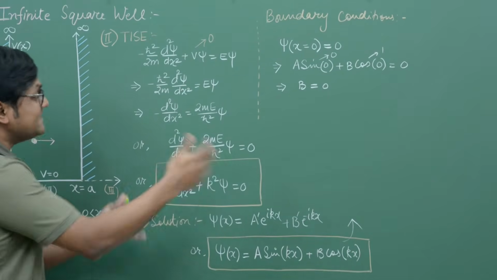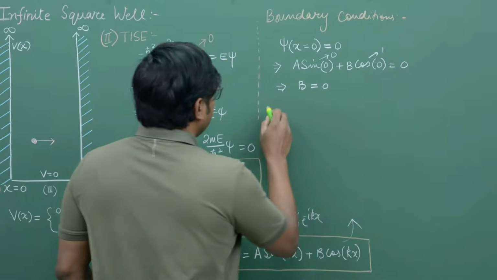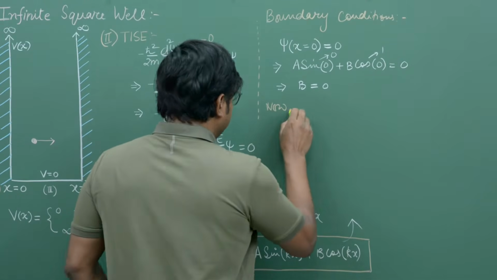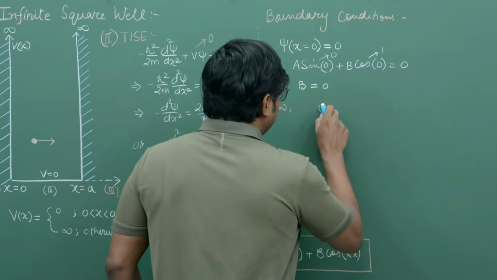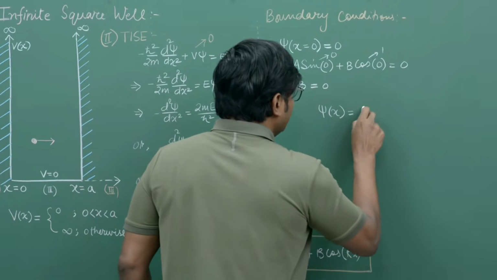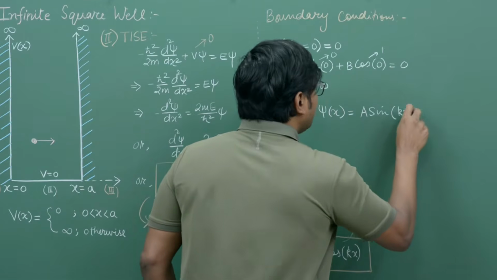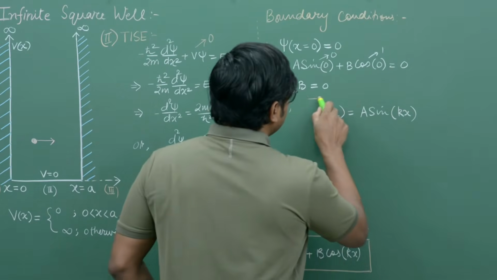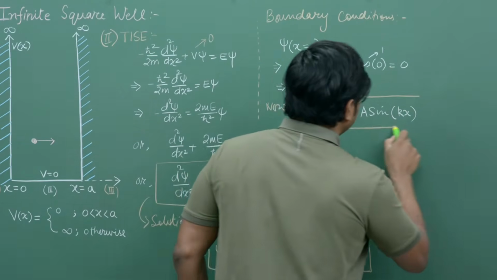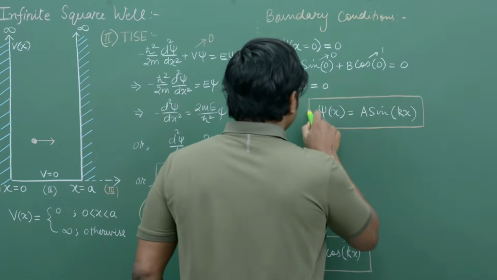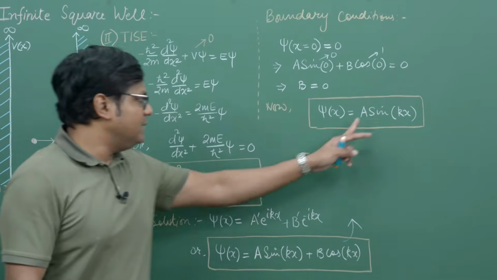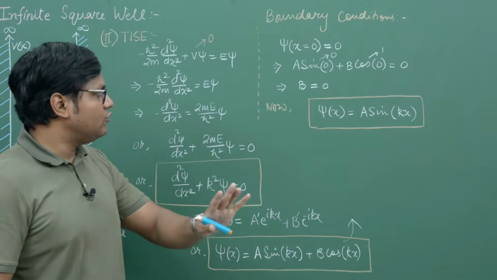That means we can simplify this further as saying that psi x is equal to a sine kx. Now this is a much simpler functional expression for this particular system, a being the normalization constant. I'm going to find that out in a moment.